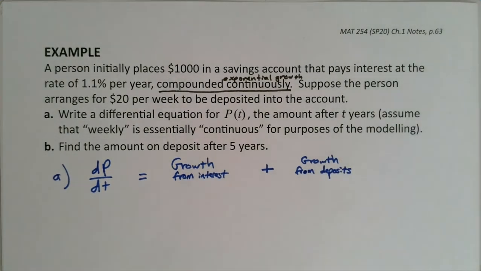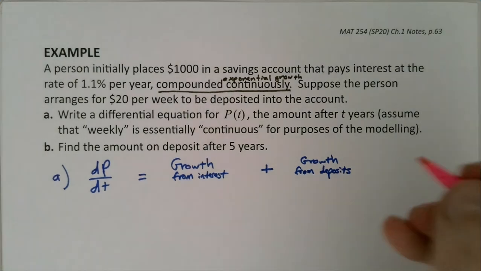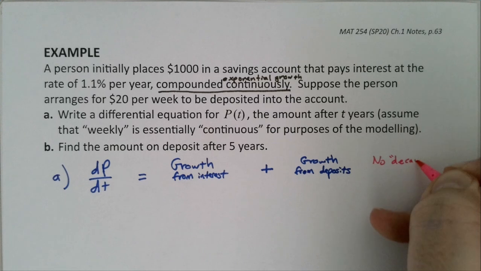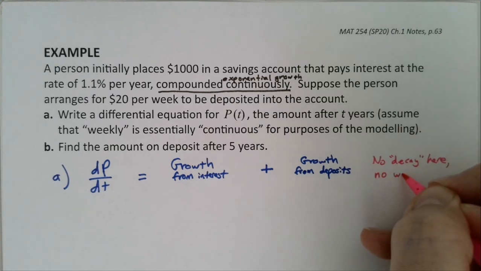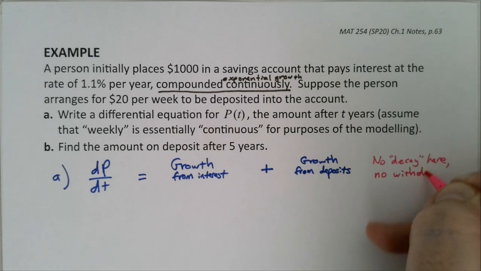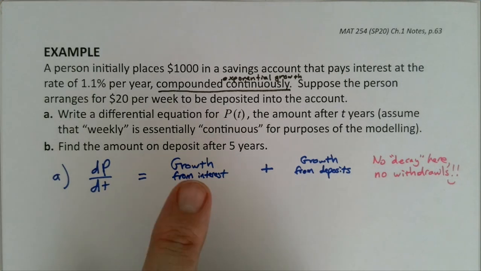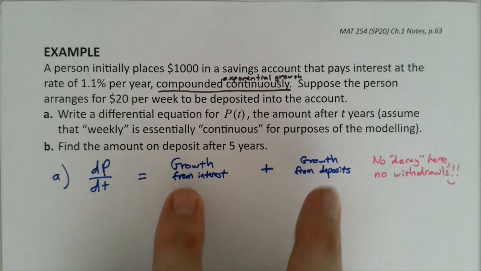So I'm going to make a little note and say there's no decay since there's no withdrawal. Right? If you start withdrawing from the account, then it gets a little bit more complicated. We'll get there. We're just not there yet. So we have this dP/dt equals growth from interest plus the growth from the deposits.